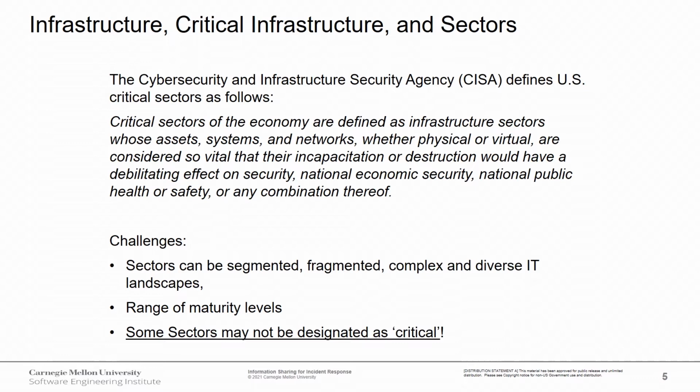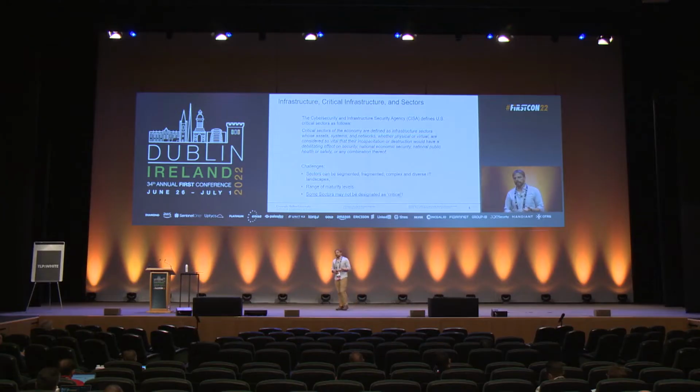Our definition is a little bit more broad because when we were developing this tool, we wanted it to be broadly applicable to all Sector CSIRTs, to all sectors, not just critical ones, but all of them. There are a couple different challenges when you have a broad definition like that. For one, you're talking about organizations with a range of capability levels, highly mature organizations and new organizations.